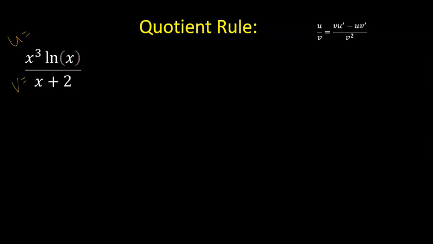Let's see. I'm already seeing something that's different. So up here, if you notice, it's a product, right? It's two guys being multiplied. So we're going to have to use the product rule here, in addition to the quotient rule. I have a video on that if it interests you.